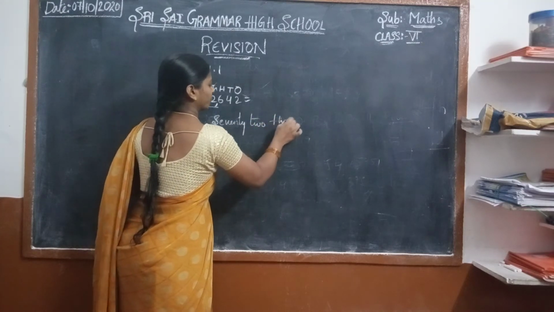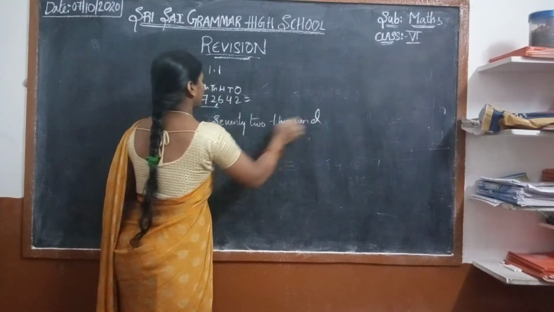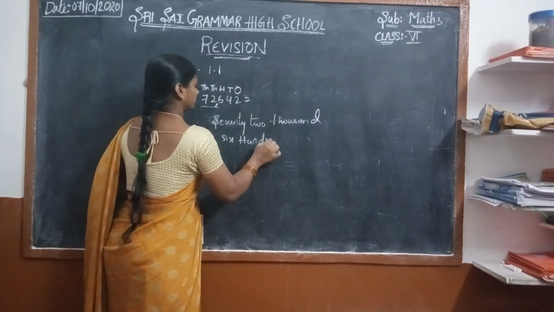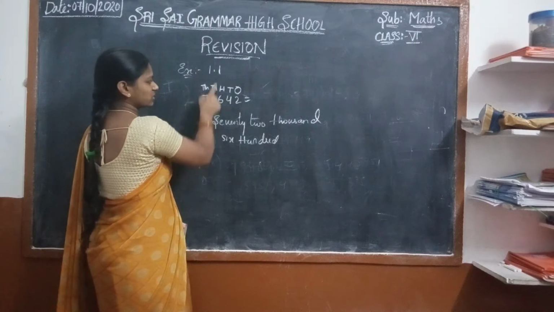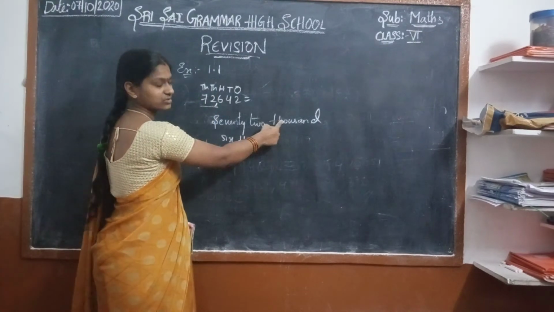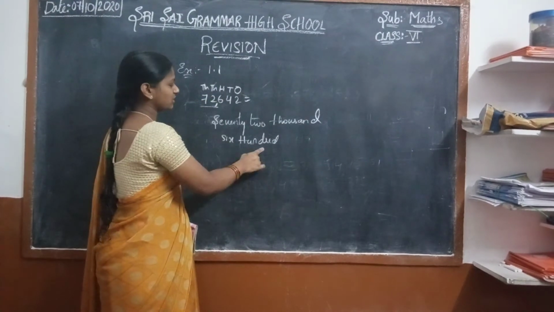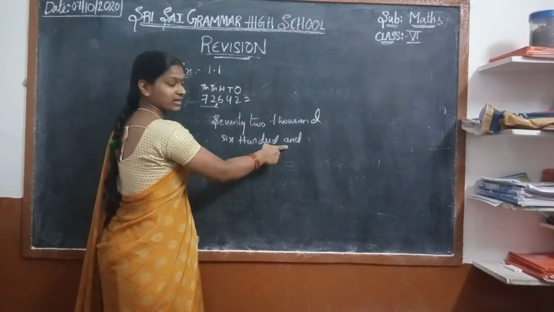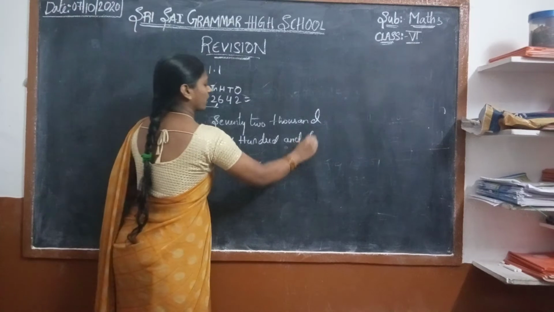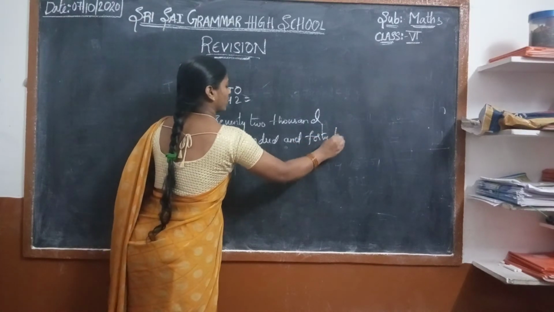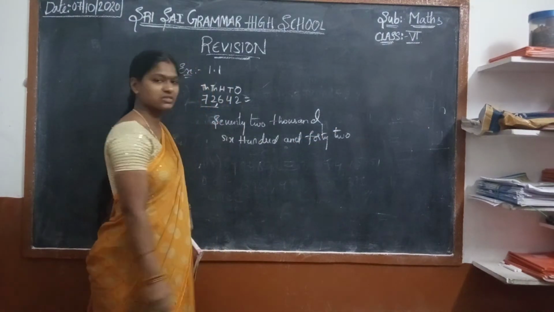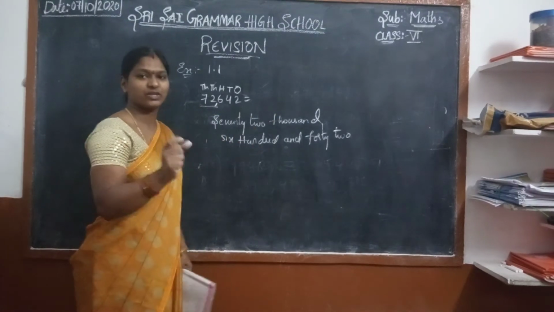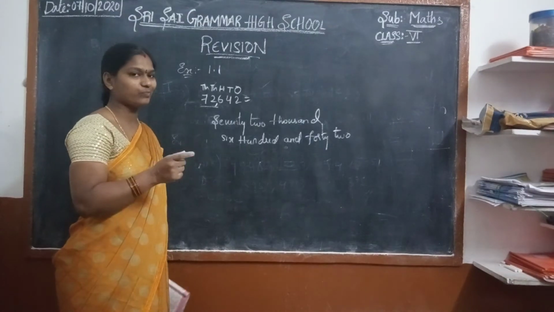Since 7 and 2 are in the thousands place, I am writing 72,000. Now 6 is in the hundreds place, so 600. And you compulsorily have to mention 'and' here. Then 42. So 72,642.